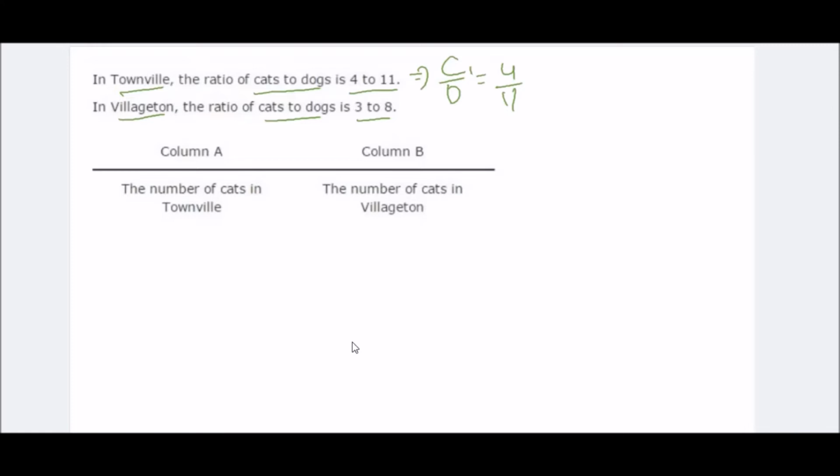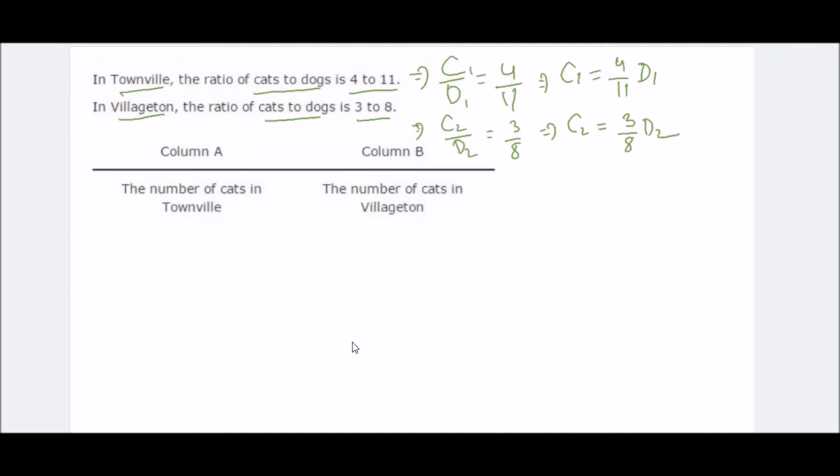So we'll make it C1 and D1. Here C1 will be 4 by 11 D1, and from the second condition C2 by D2 is equal to 3 by 8, which implies C2 is equal to 3 by 8 D2.